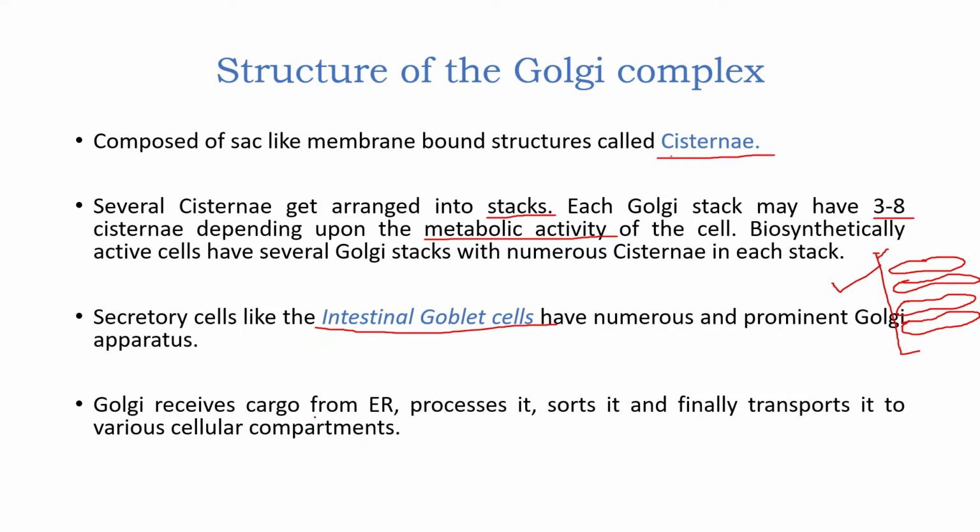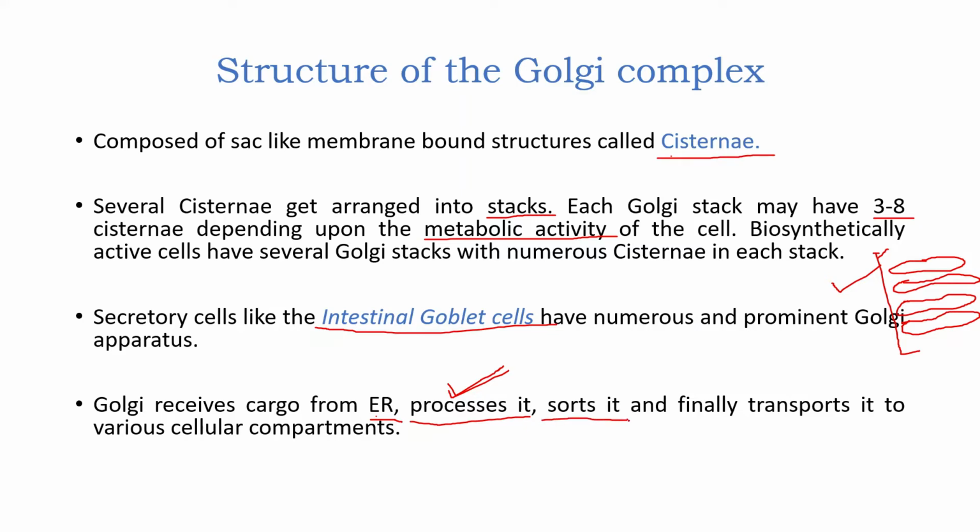Now, Golgi receives cargo from ER. Cargo means proteins. Processes it means some modifications take place in the Golgi. There can be sulfation of proteins. There can be glycosylation of proteins. So this function of Golgi is really important. It receives the cargo, it processes it, it sorts it. What do you mean by sorting?